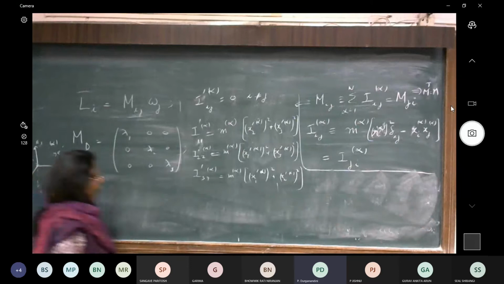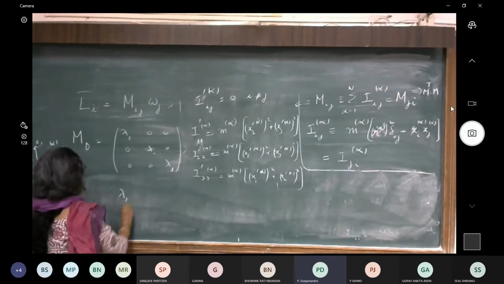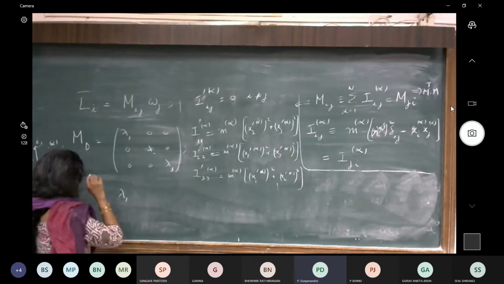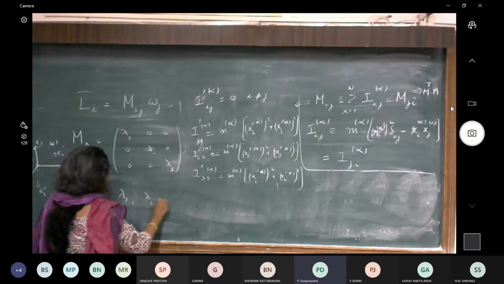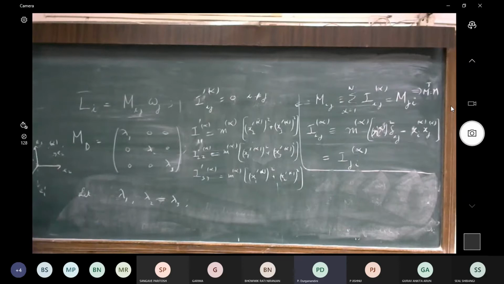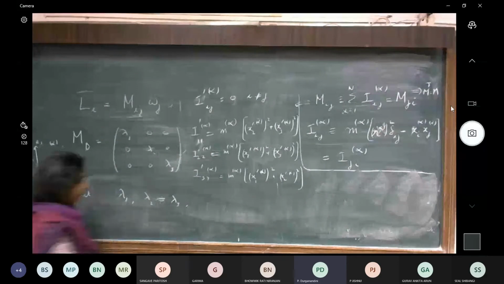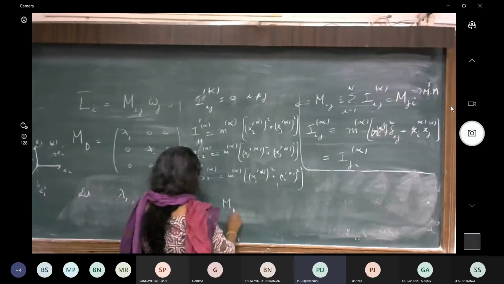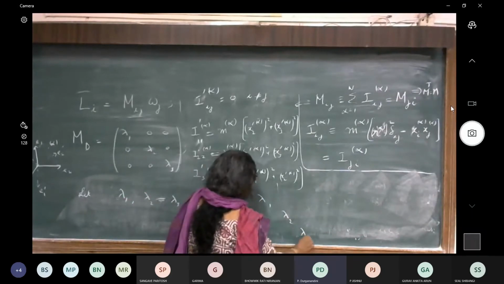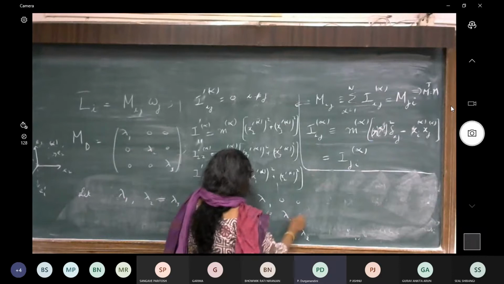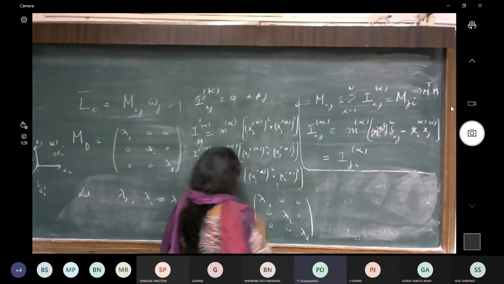But suppose now they are not distinct eigenvalues. So now let lambda 1 not be equal to lambda 2, which equals lambda 3. That means I don't get 3 distinct eigenvalues, but I only have 2 distinct eigenvalues. So my matrix in diagonal form is going to look like this. In this case, will I still be able to find my principal axis?